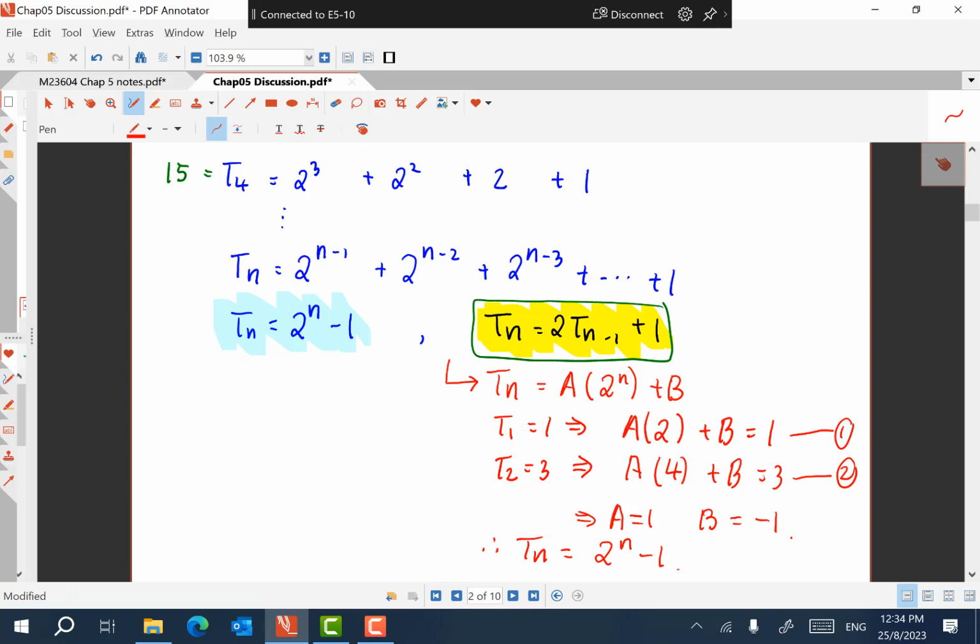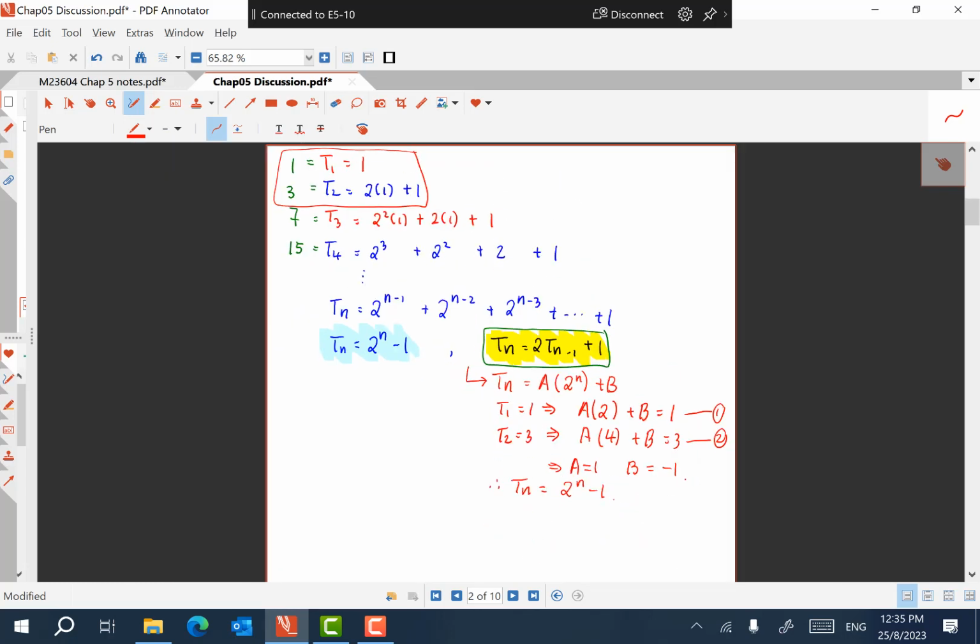Between the two approaches, one approach that you saw just now is what you do in your computer science lessons. You try to do the number pattern, or in the lower years when you deal with number patterns, you do something like this.